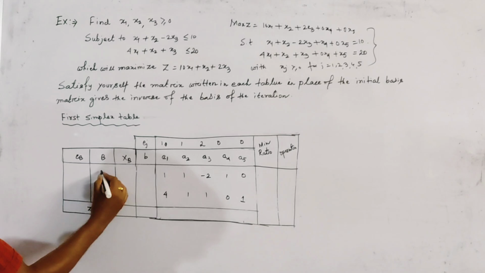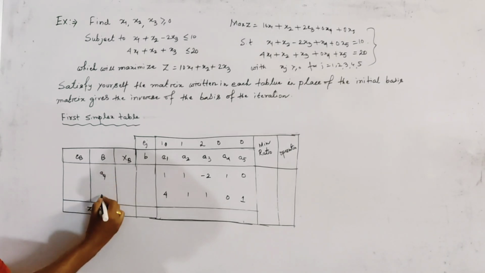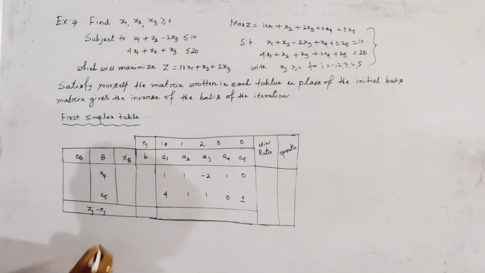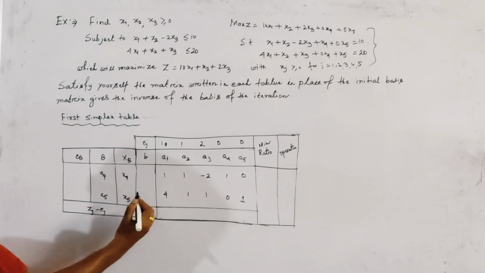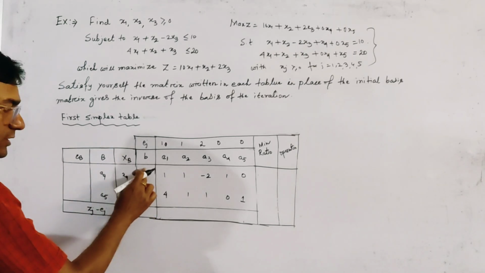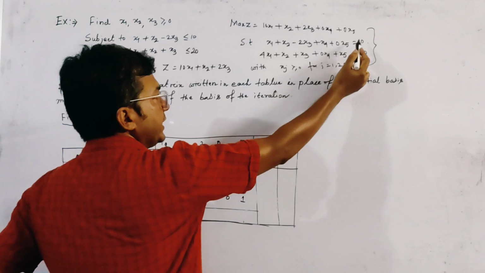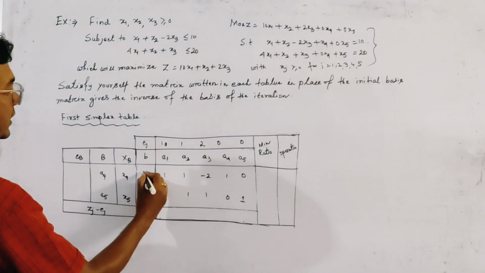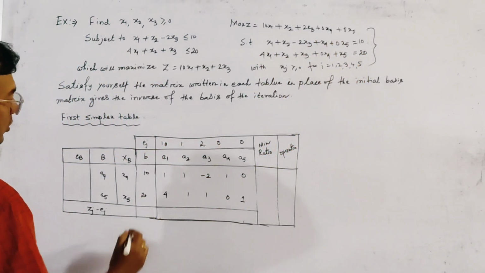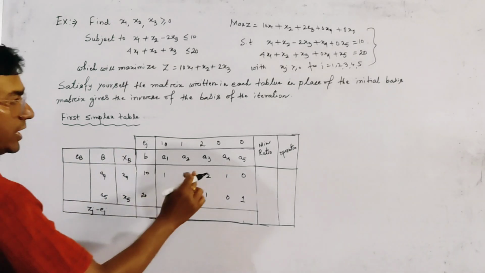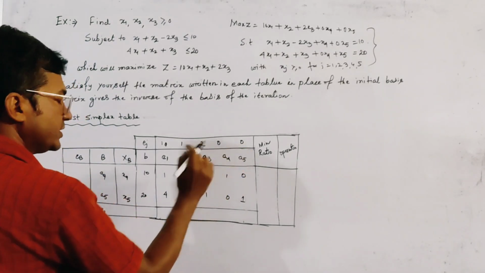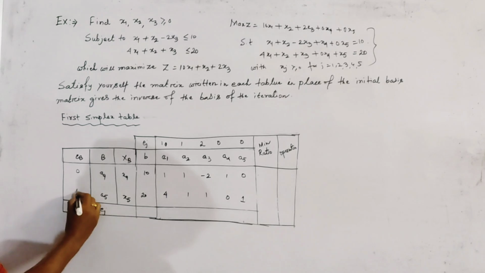So we write here the basis vectors a4 and a5, and the corresponding variables are obviously x4 and x5, and we write the column of b, which is given by 10 and 20. Now the costs corresponding to a4 and a5 are 0, 0.